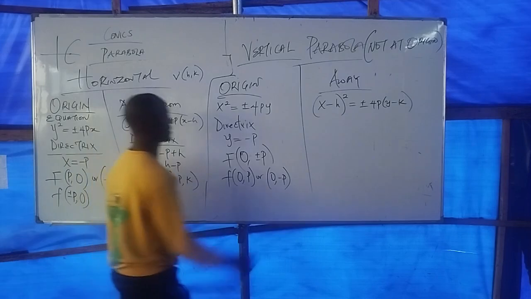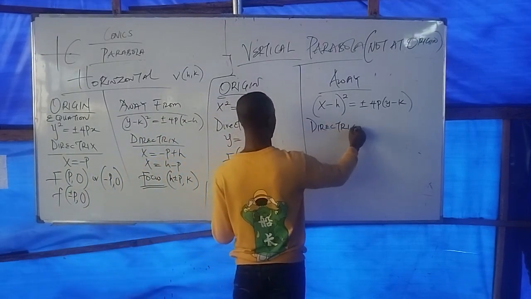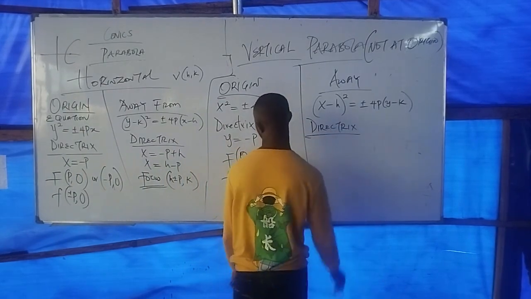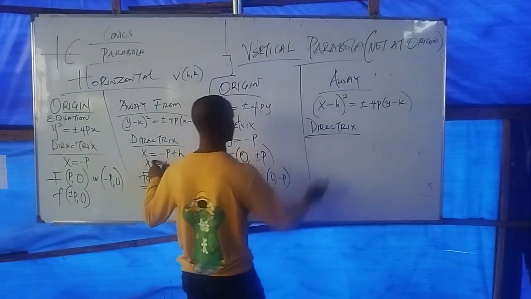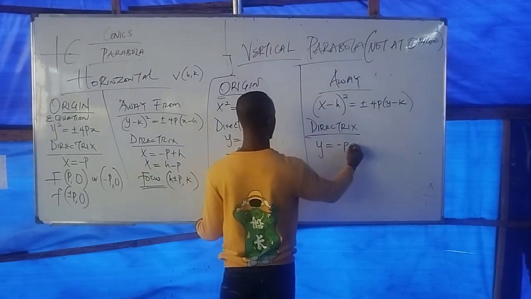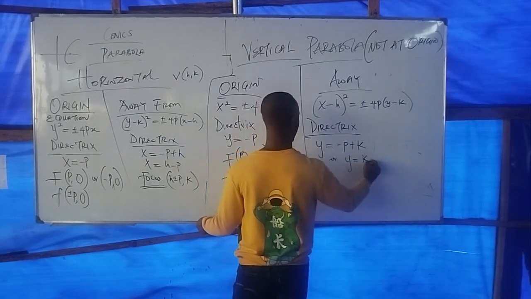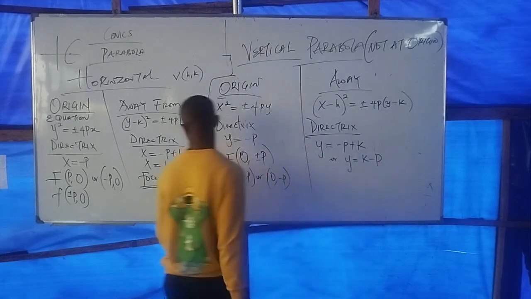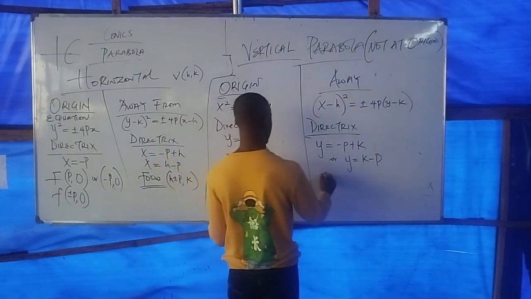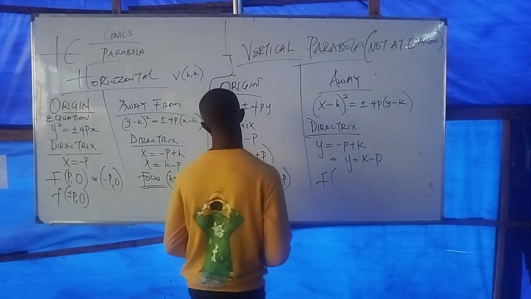Then our directrix, who can tell me? You can pause the video to tell me what the directrix will look like. Because it's on the y-axis, it becomes y equals minus p plus k, or y equals k minus p.